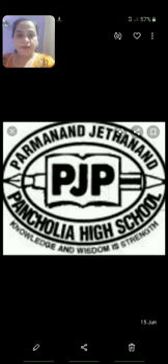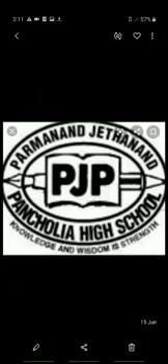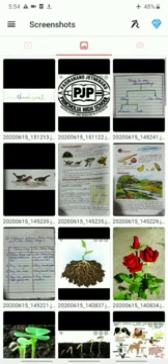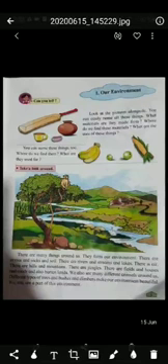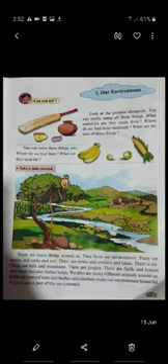You can see plants, trees, animals, birds, human beings, etc. Many things are present all around us, and about all these things we are going to study in today's lesson number 1, our environment.